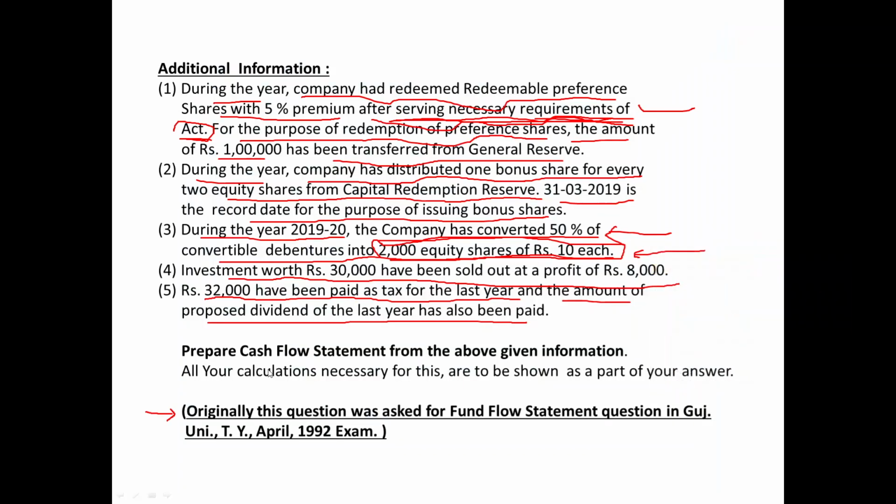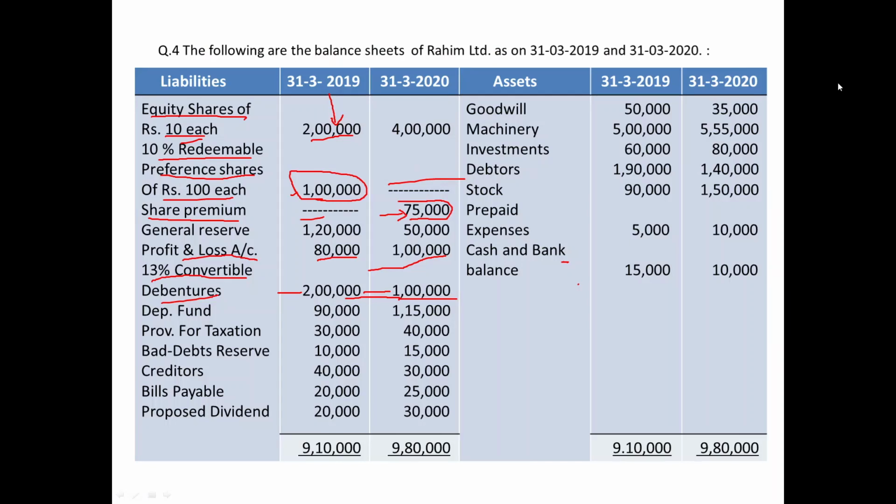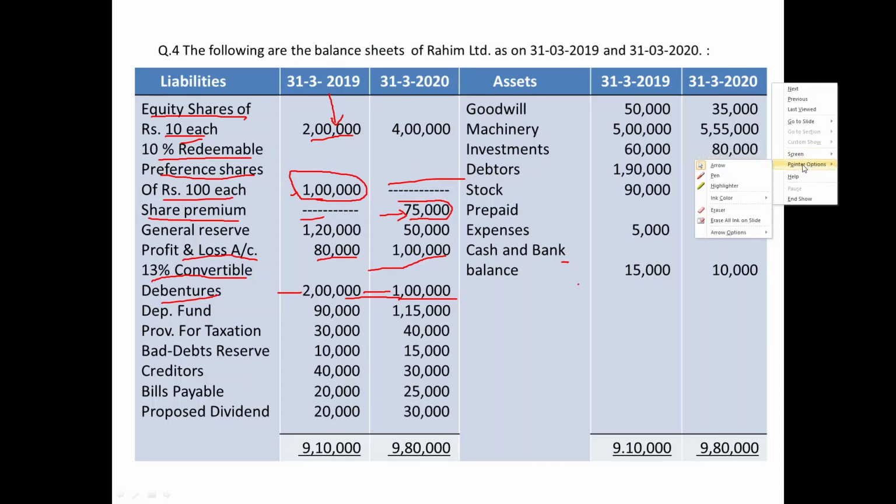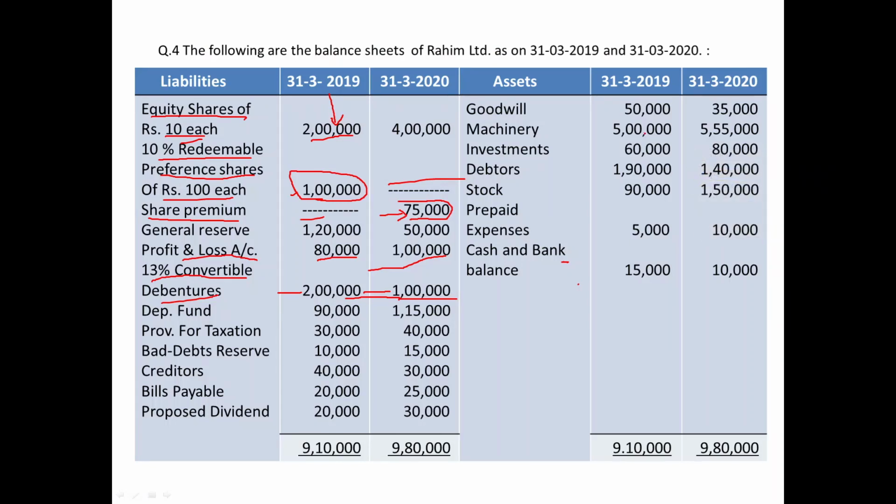All the additional information points got over. Let us verify the balance sheet for the remaining items of the question. Balance sheet reading. Come on the asset side first. Goodwill 50,000 versus 35,000. It means goodwill worth rupees 15,000 has been written off in the current year.